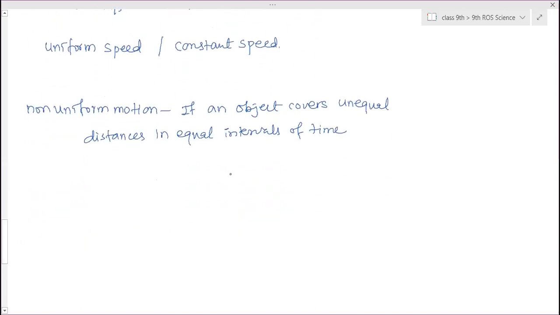Just like your speed, whenever you are moving, do you always maintain the same distance? Will you cover the same distance in every interval of time? Uniform motion is not possible in any object, vehicles generally. Then the object is said to be in non-uniform motion.